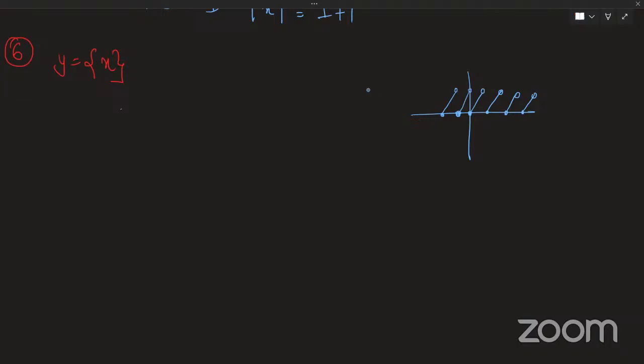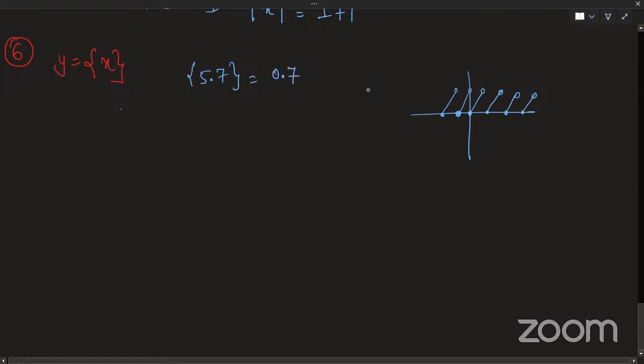Taking a case, I have input 5.7. What will it give me? 0.7. So it basically gives me the fractional part. That means it gives me the decimal value of the number, right? Yes, sir. The decimal part.